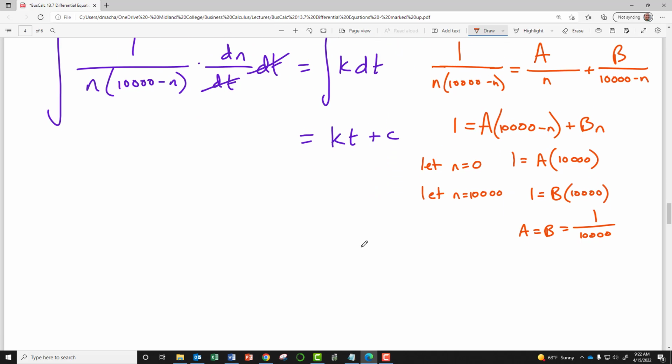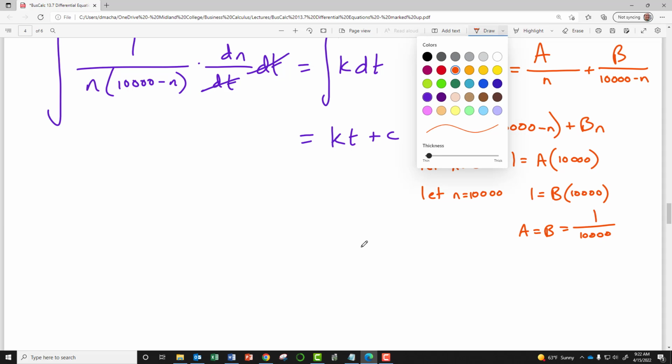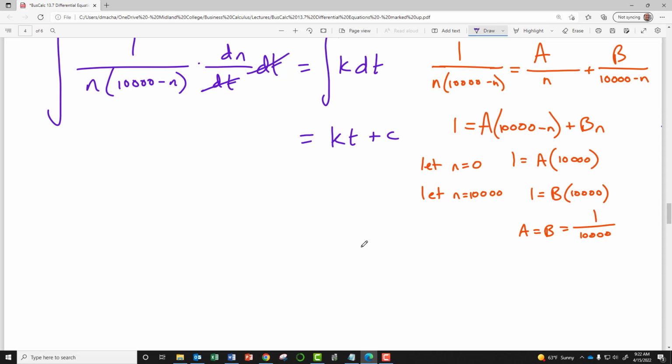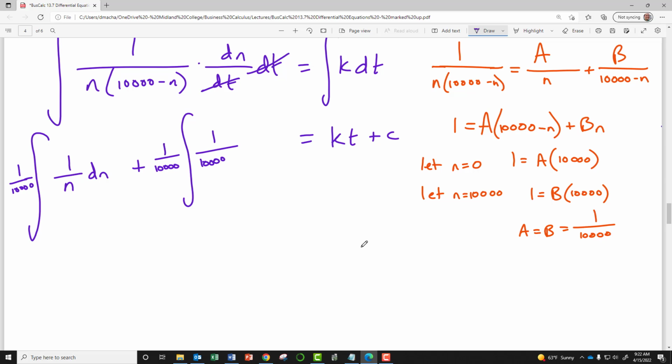That means that I can rewrite the left-hand side of my equation like this: the antiderivative of a divided by n, which would be 1 over 10,000, antiderivative 1 over n, dn, plus the same thing b, which is also 1 over 10,000, antiderivative of 1 over 10,000 minus n, dn.